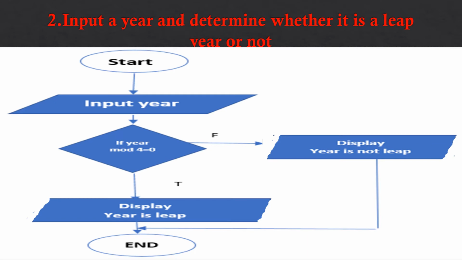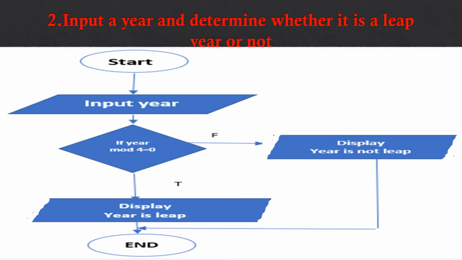So this is a flow chart to input a year and determine whether it is a leap year or not. Start the flow chart with the oval symbol, and then input a year. Then there is a decision or diamond symbol which decides whether year mod 4 equals 0 or not.